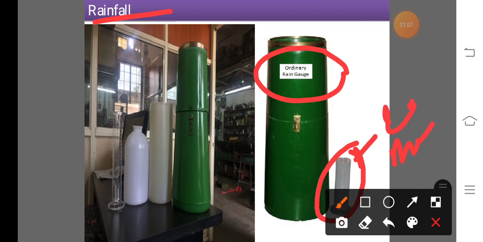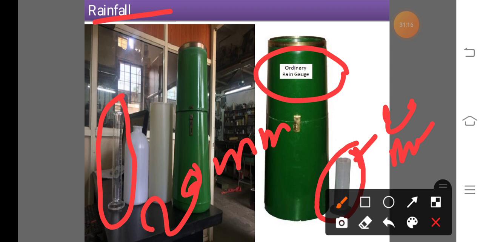That means at a single time, this measuring cylinder can measure 20 mm of rainfall. See here, there are different parts. During the practical of measurement of rainfall, we will discuss this instrument in detail.